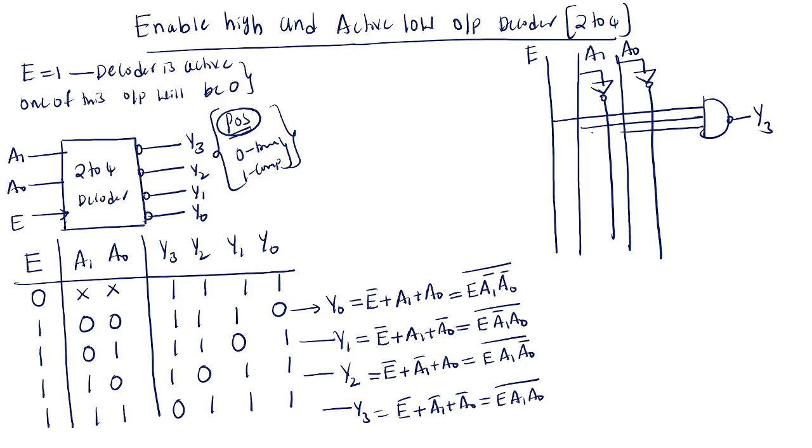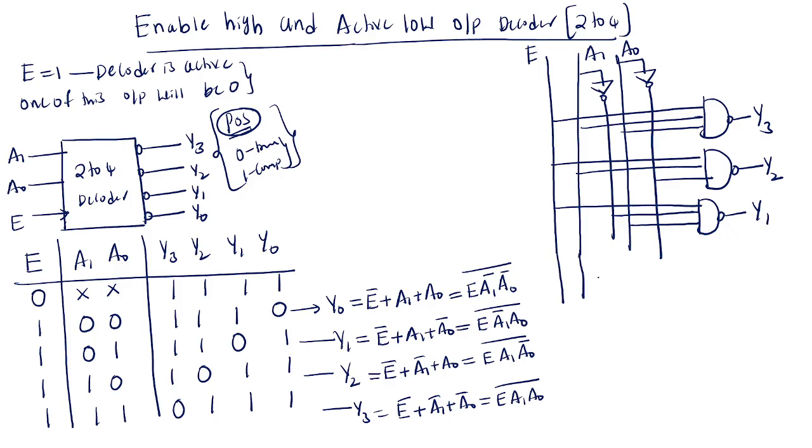This is Y3. For Y2: E, A1, A naught bar connected with an AND gate. Y1: E, A1 bar, A naught connected with an AND gate.